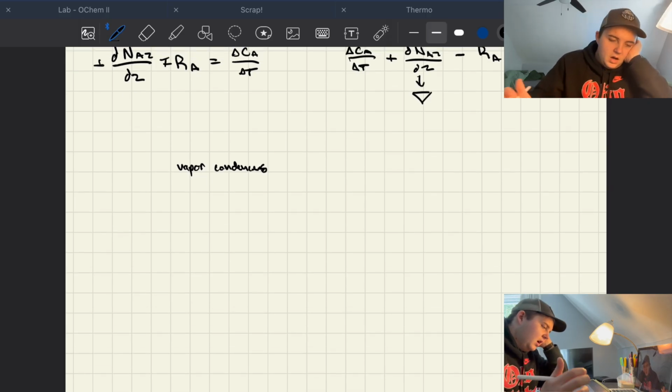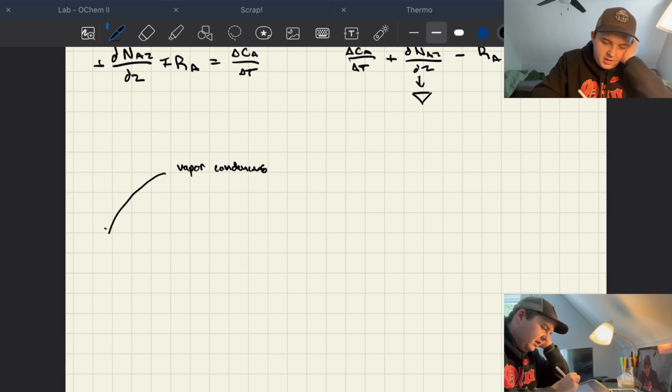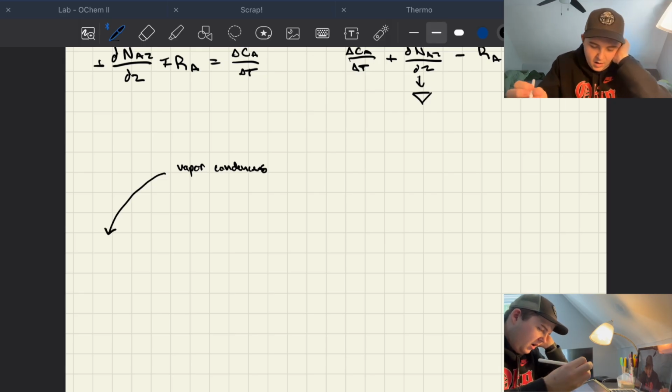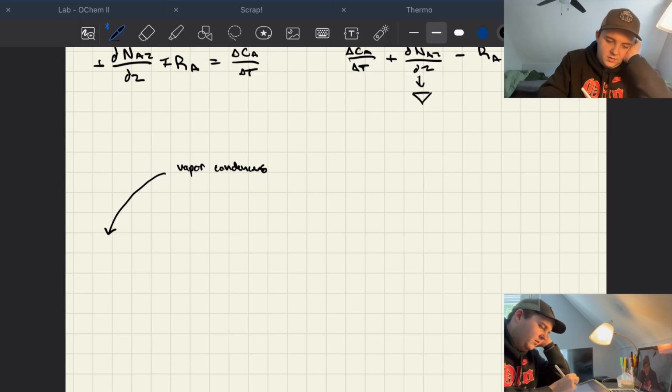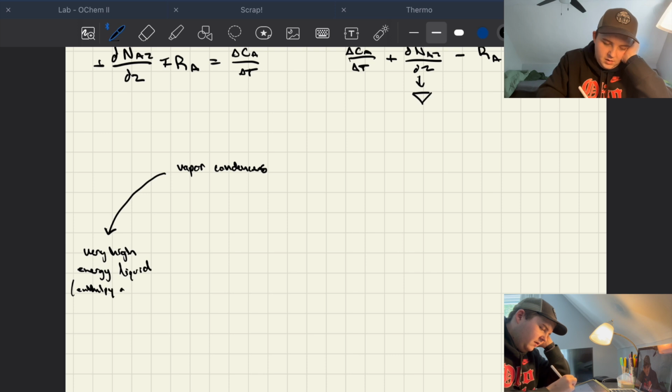What I'm going to show is that as vapor condenses, it's going to make a very high energy liquid. And this shows that enthalpy of vaporization is released, a lot is released.